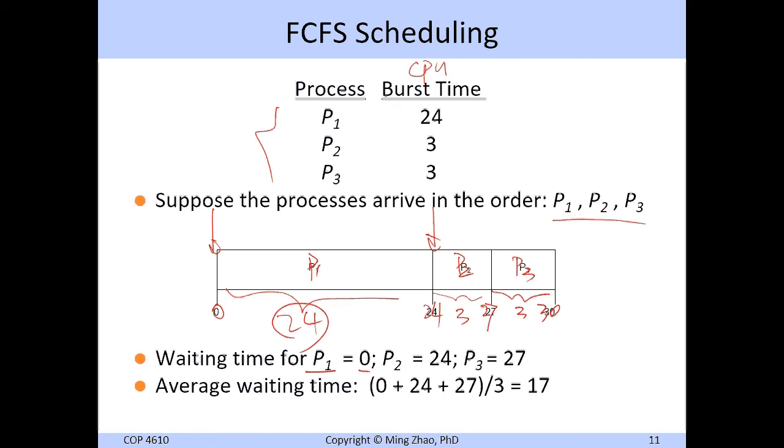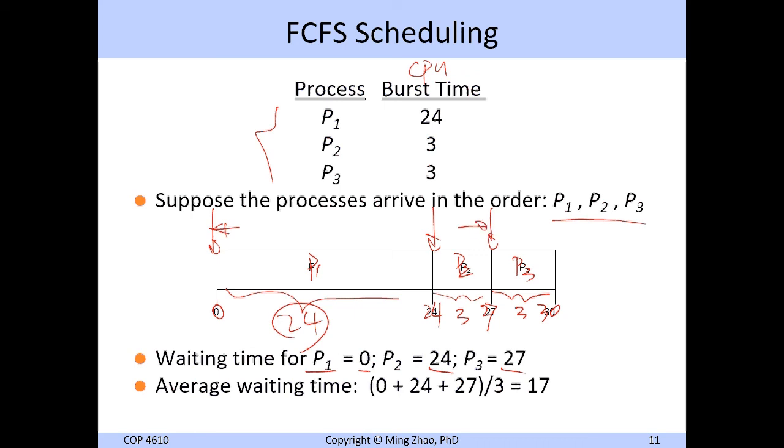It waits 24 units of time, the amount of time it takes for P1 to complete. Similarly, P3 has to wait 27 units of time, from time 0 to time 27.